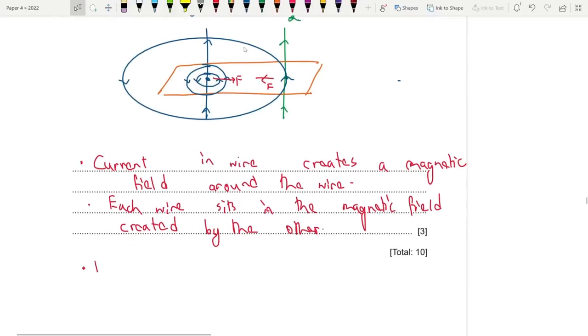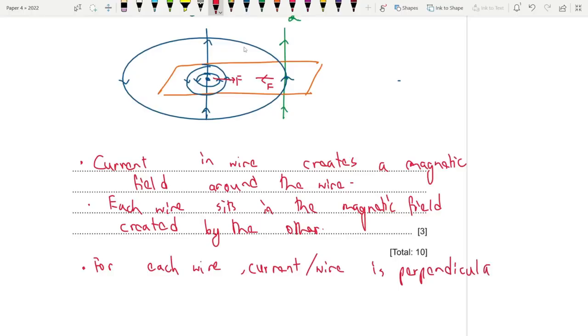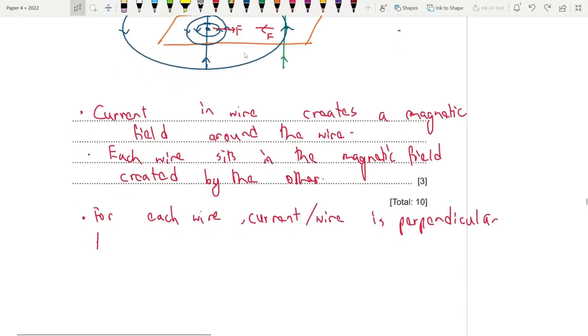Now, for each wire, the wire is perpendicular, right? If you see the angle between them, what's the angle? Isn't it 90° to the field? Okay, so for each wire, the current is perpendicular to the magnetic field due to the other wire.